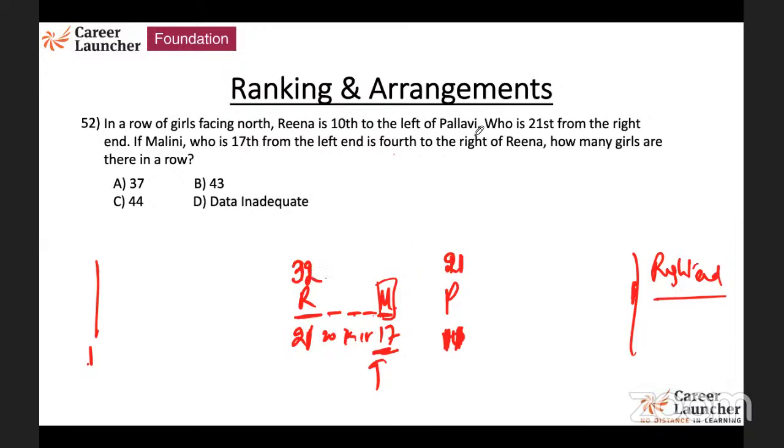Pallavi is 21st from the right end. Reena is 10th to the left of Pallavi. So this is 21, and this has to be 32. 1 plus 10. In fact, actually, this is 31. My mistake. 31.